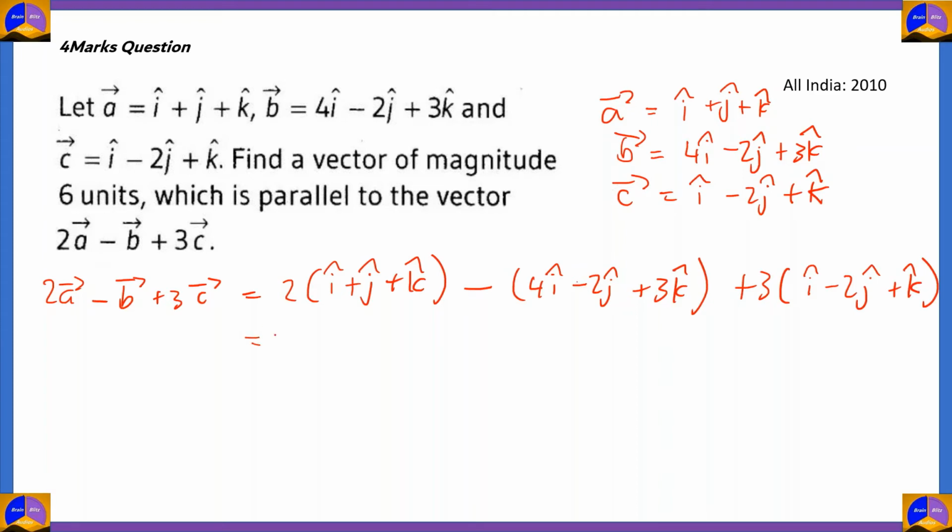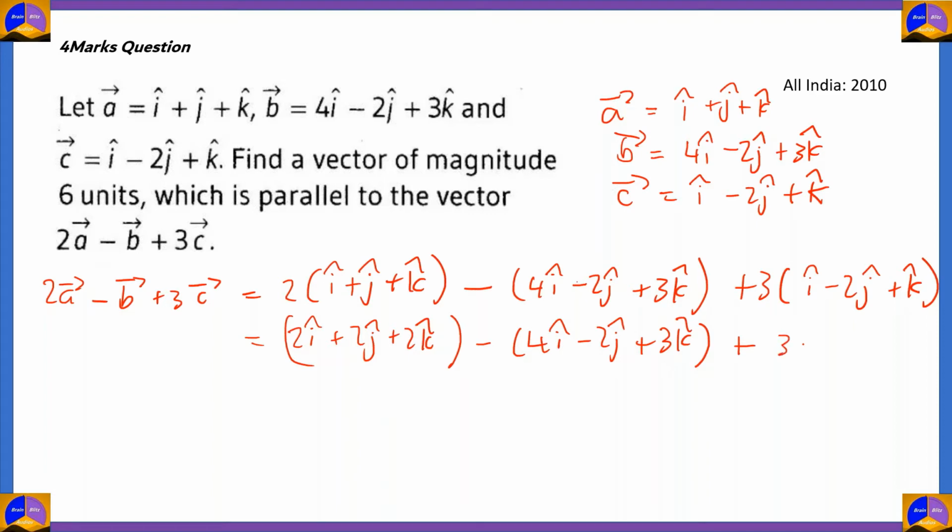Now let's multiply. So we get 2i cap plus 2j cap plus 2k cap minus 4i cap minus 2j cap plus 3k cap plus 3i cap minus 6j cap plus 3k cap.